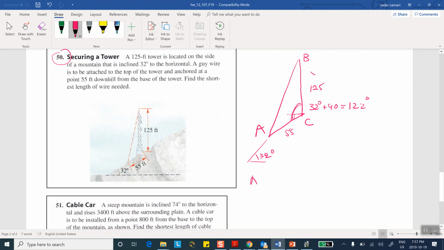So we have AB equal to the square root of 55 squared plus 125 squared minus 2 times 55 times 125 times the cosine of 122. So let's plug this into the calculator.